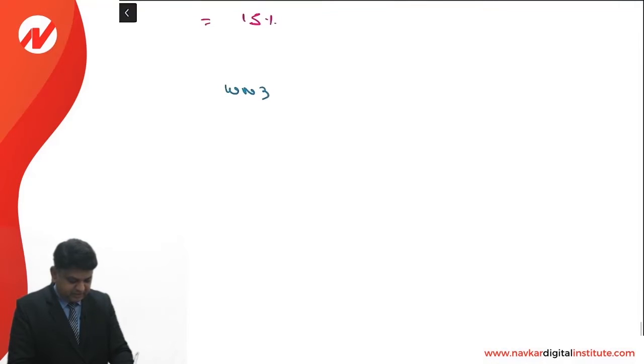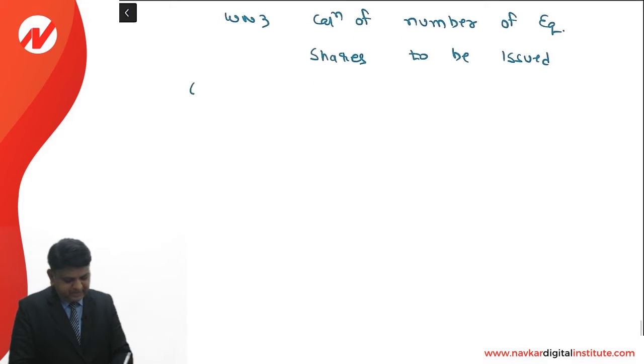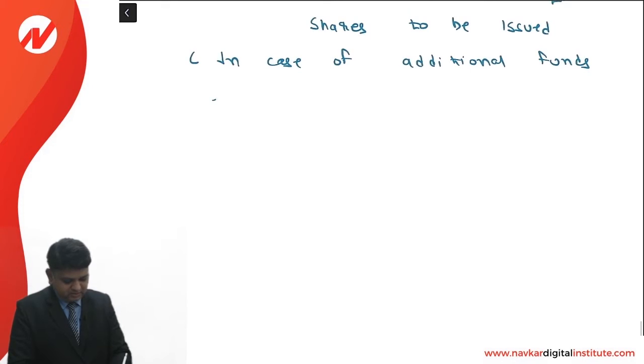So working note number 3, calculation of number of equity shares to be issued. In brackets I am writing for clarification, in case of additional funds raised by equity financing.